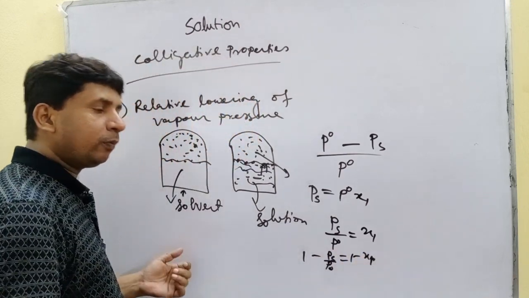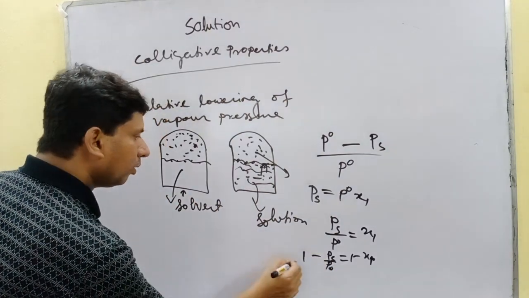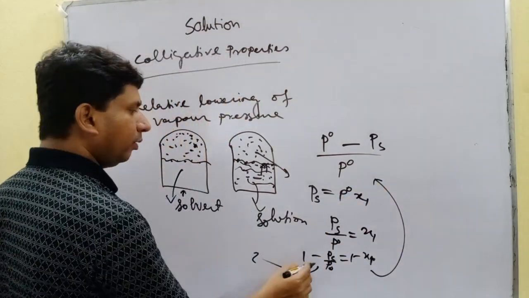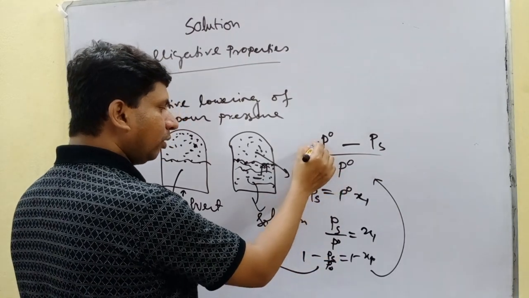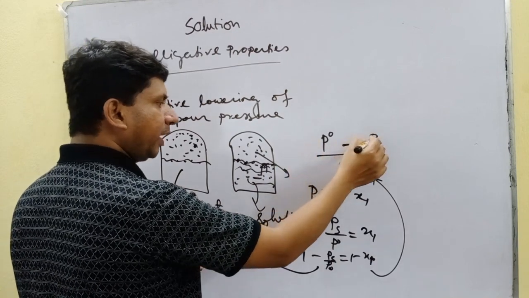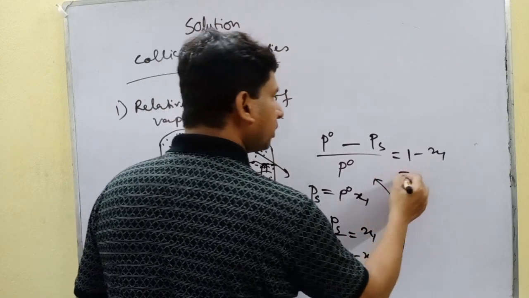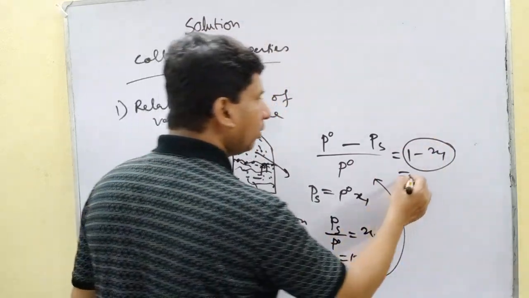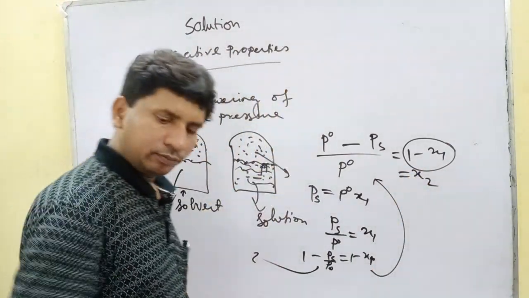X1 is the mole fraction of the solvent. Taking the LCM as P0, (P0 minus PS) by P0 equals 1 minus X1, and 1 minus X1 is X2, as we already discussed in lecture 1.